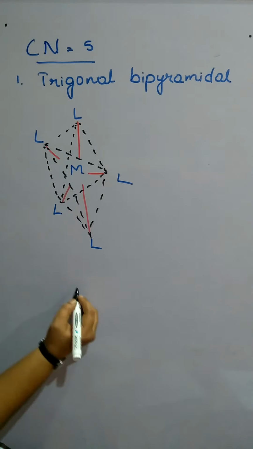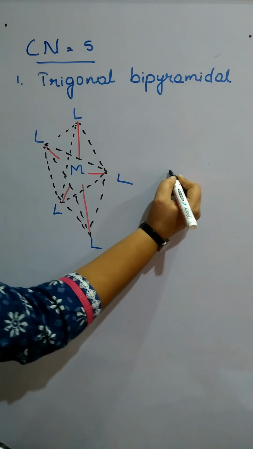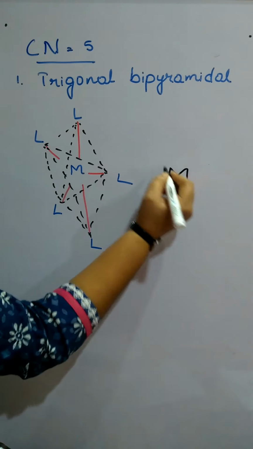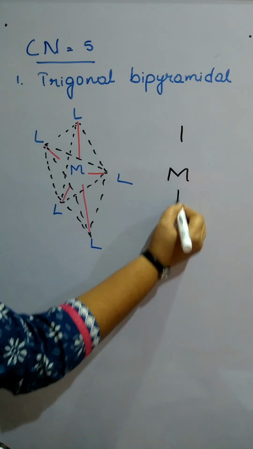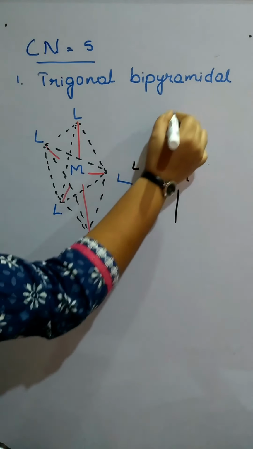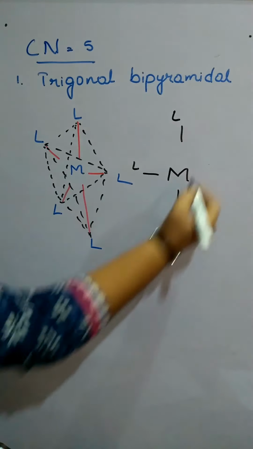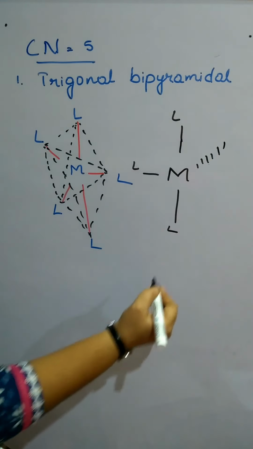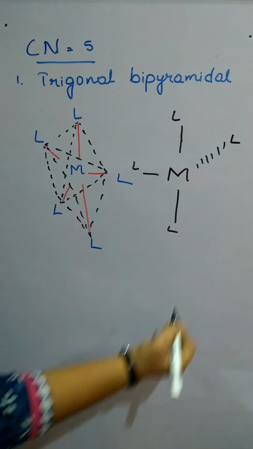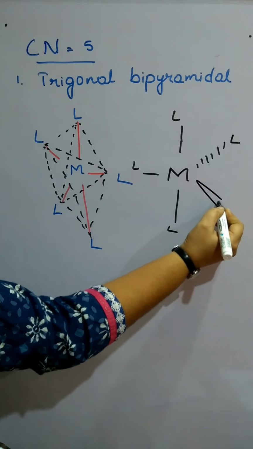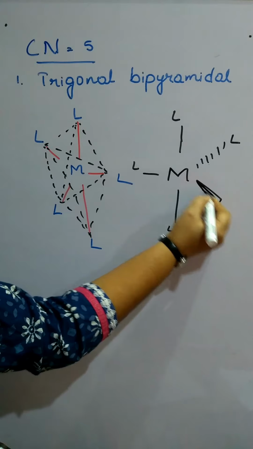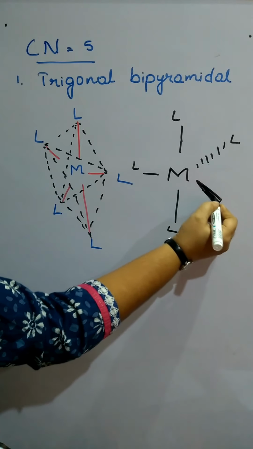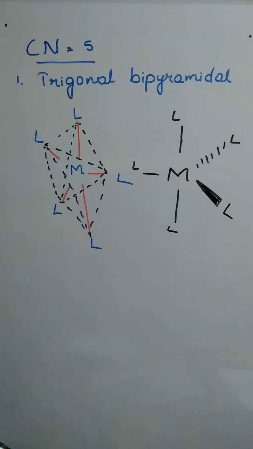So this structure can also be written as M with three ligands, that is, all three ligands in a plane. This one is far from the observer and one is close to the observer.